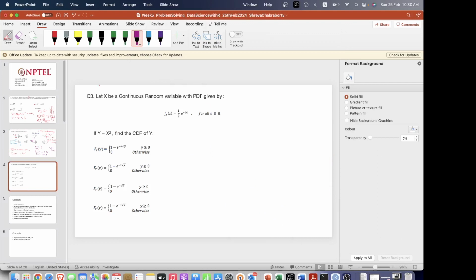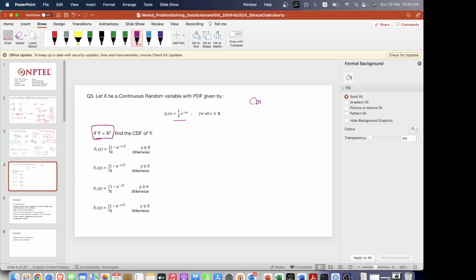Now let us move on to this one. So here we are told that X is a continuous random variable with this PDF and Y is a function of this random variable. Then you have to find the CDF of Y. So if you are given something like this, how will you do it?